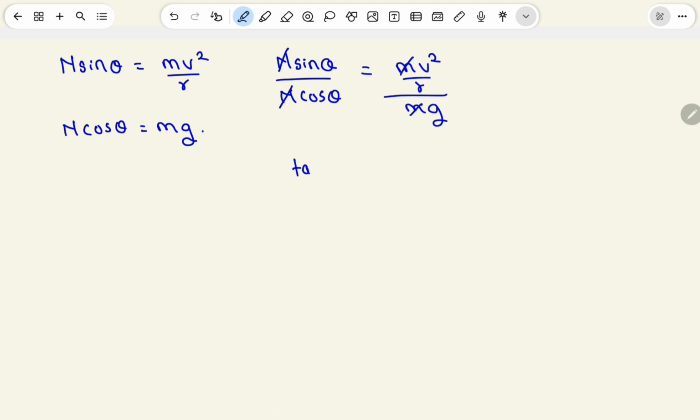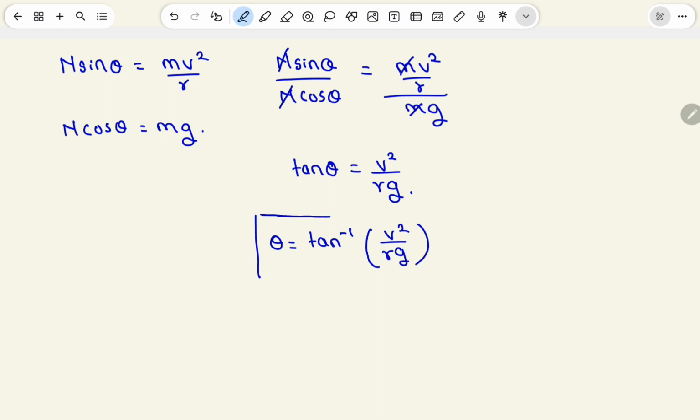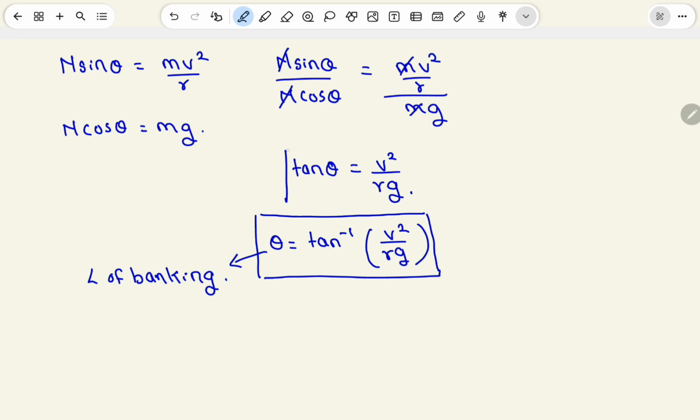Sin over cos is tan, and we get tan theta is equal to v square by rg. From this, if we take tan to the other side, we have theta is equal to tan inverse of v square by rg. So this is the formula for the angle of banking theta. You can remember either formula: tan theta is equal to v square by rg, or theta is equal to tan inverse of v square by rg.